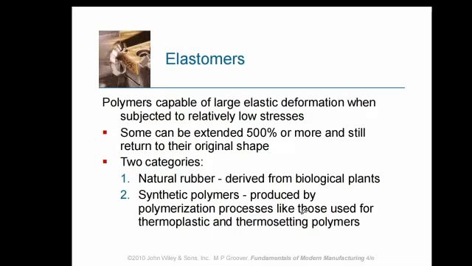So we have two categories of elastomers. The first is natural rubber, and this rubber is derived from biological plants. We also have synthetic polymers. These ones are made industrially or chemically in the lab through polymerization process.